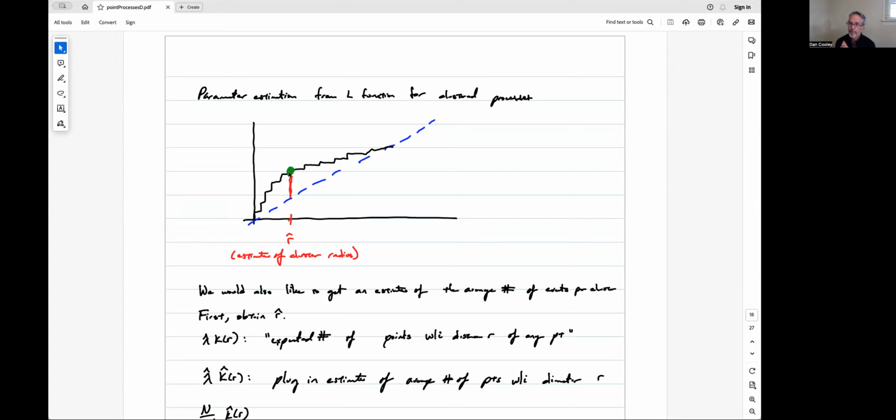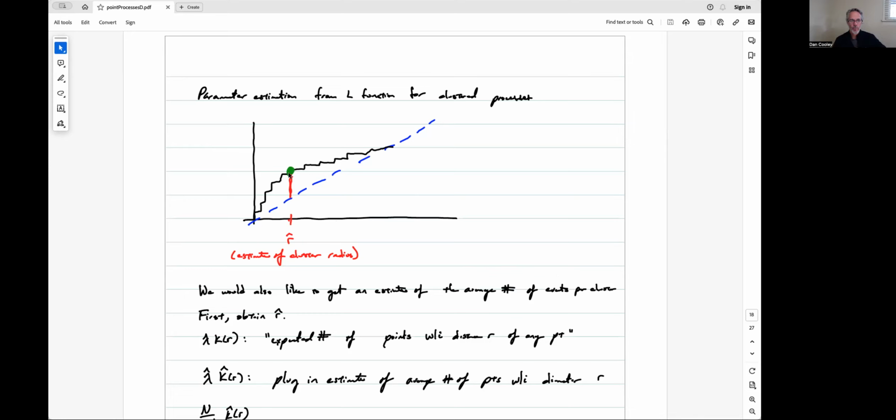And the quantity of interest is going to be the average number of events per cluster. So recall Neyman-Scott or Poisson cluster process, you start with a parent, it generates some offspring. What we're trying to do is find the average number of offspring. That might be a meaningful quantity for our process of interest.